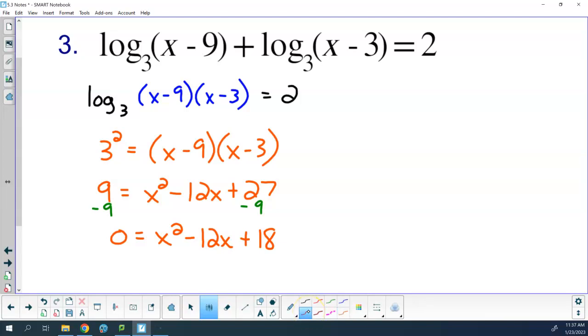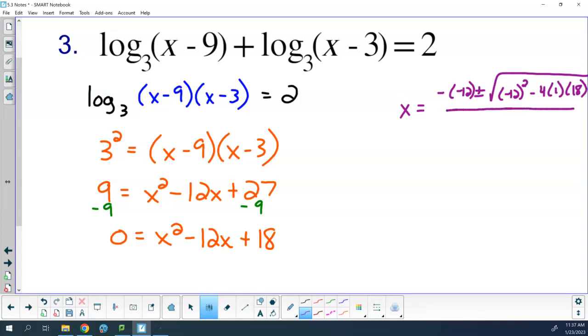So we would have here x is equal to negative of negative 12 plus minus the square root of negative 12 squared minus 4 times 1 times 18 all over 2 times 1.